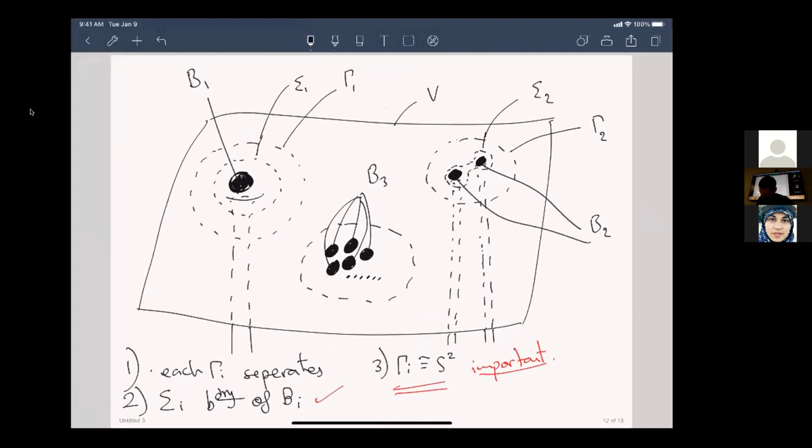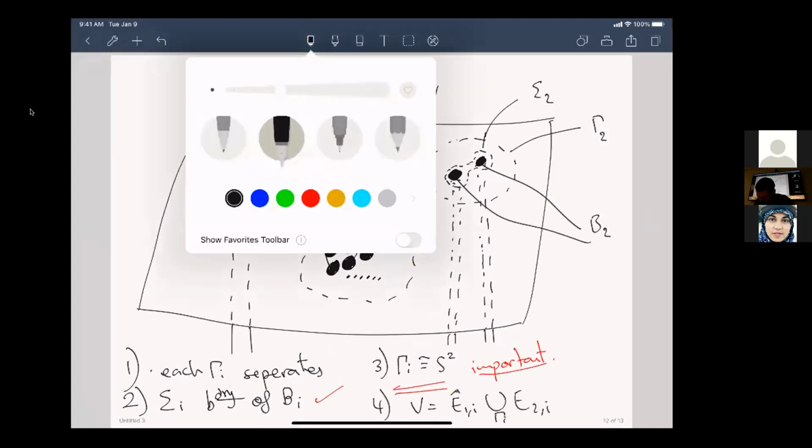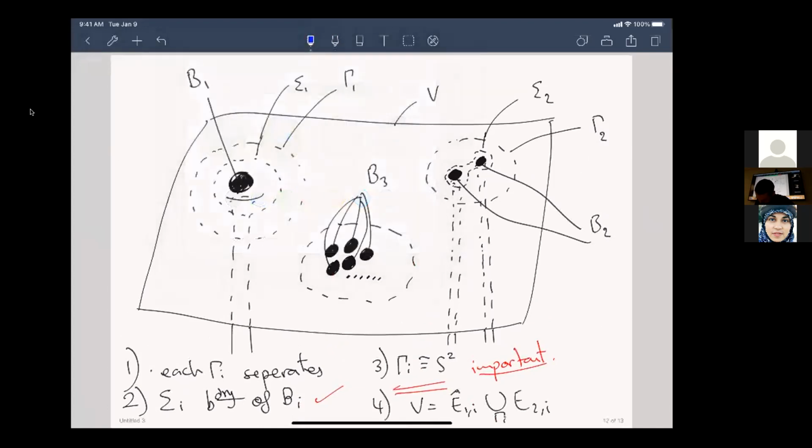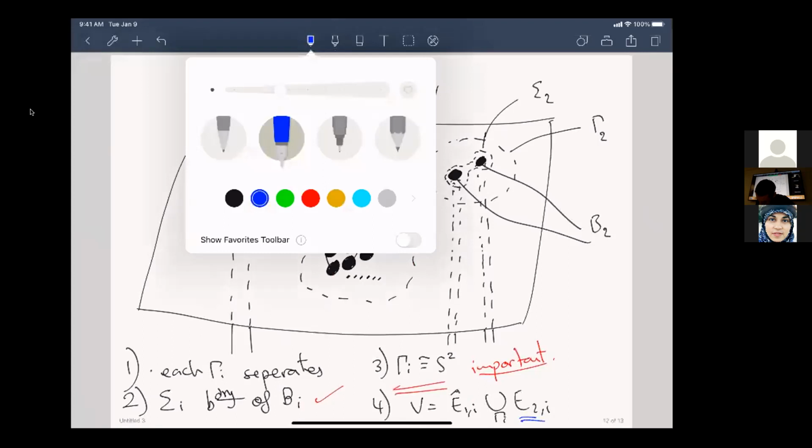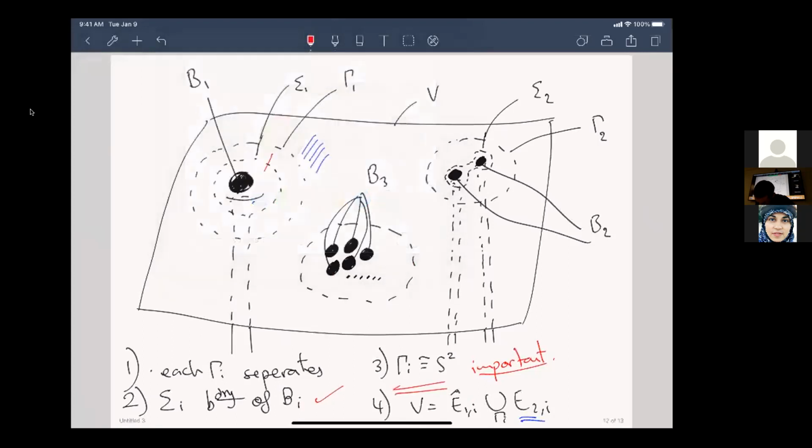I should have added a fourth labeling thing, which is that V is the union of E hat 1I separated by gamma I and E2I, where for each I, everything in this region here would be considered inside E2I, and everything inside, let me use a different color, would be considered E1I hat.